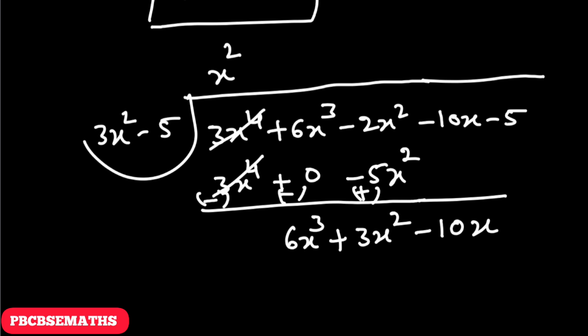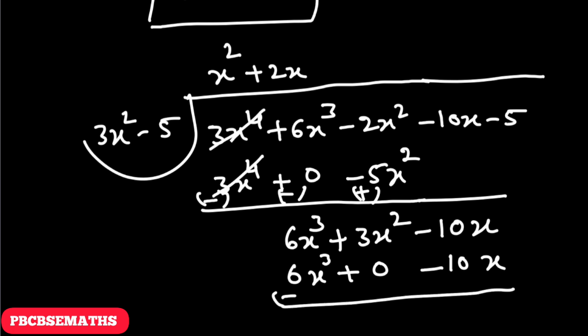Now let's eliminate this x cube term. For that, we have to multiply this 3x square by 2x. 2x into 3x square: 2 threes are 6, x into x square we get x cube. Plus into minus, again we get minus, 2x into 5 gives us 10x. Here we're going to keep that 0.